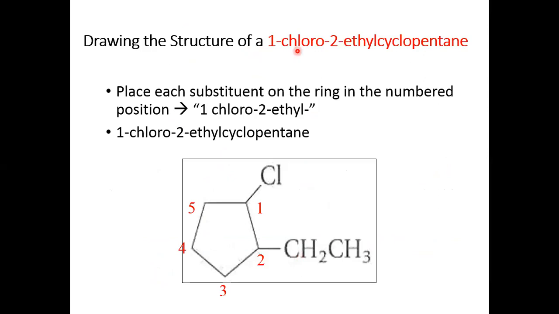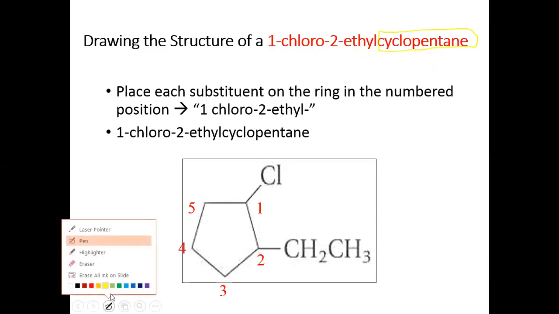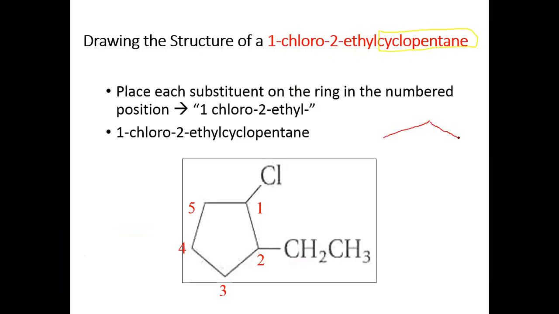Okay, drawing the structure of 1-chloro-2-ethyl cyclopentane. It means you know there are 2 substituents here, 1-chloro and 2-ethyl. This is your parent chain. So you know the parent chain is in the cyclo form. So change color first. So you have a 5-membered ring, 1, 2, 3, 4, 5. Okay. So you have 1 chloro.